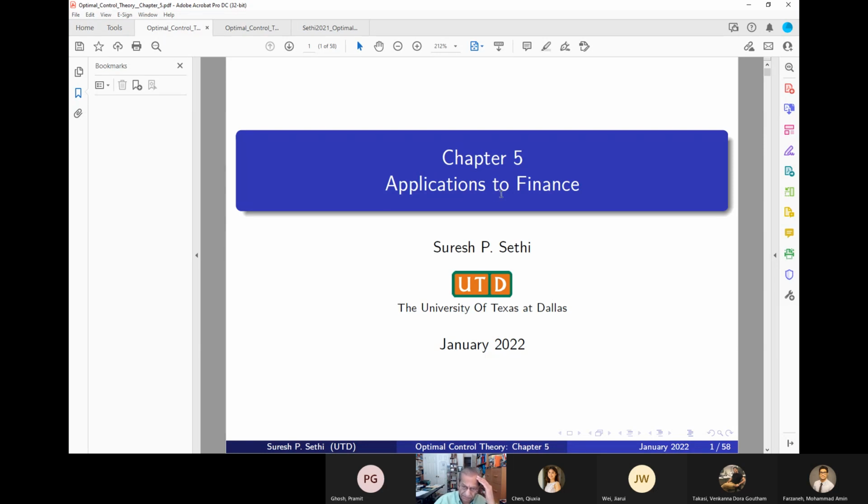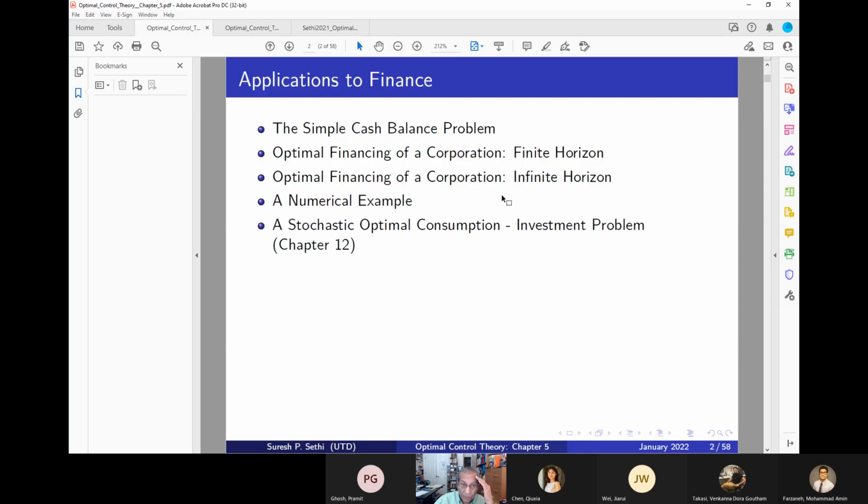So first, the chapter will contain 2 problems. One is called a simple cash balance problem, and one is called the optimal financing of a corporation.